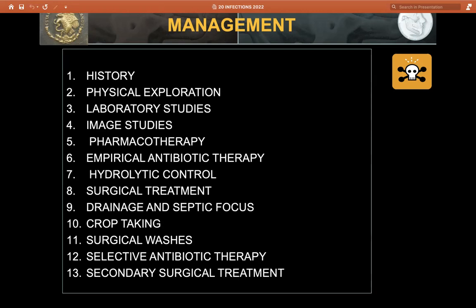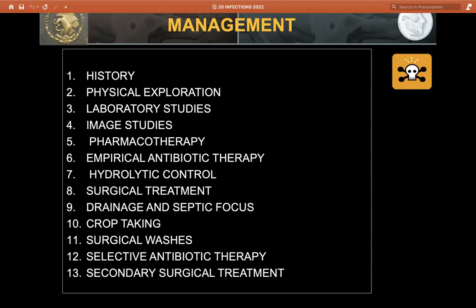Then we drain, clean, and take a sample with small instruments around the infection to understand what kind of bacteria is affecting the patient.